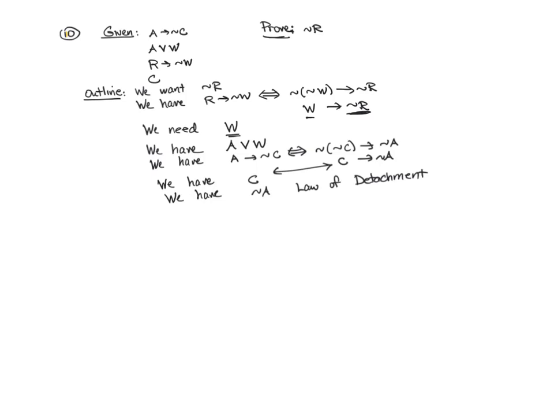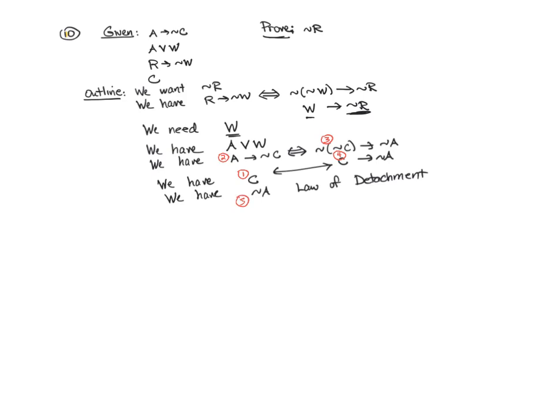So let's see how we would number this. And a good place is to start with the given. So the C was given. We'll put that first. And of course, we're going to put the second given. And we're going to write the contrapositive and the law of double negation. Then once we've got that, we conclude not A by the law of detachment.